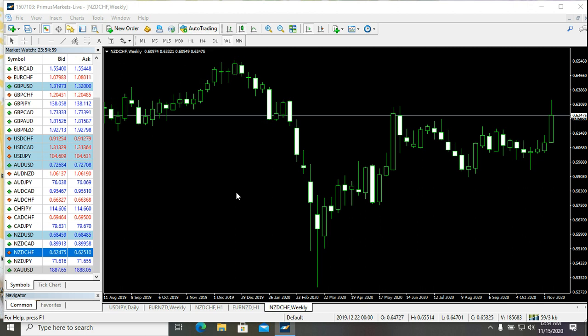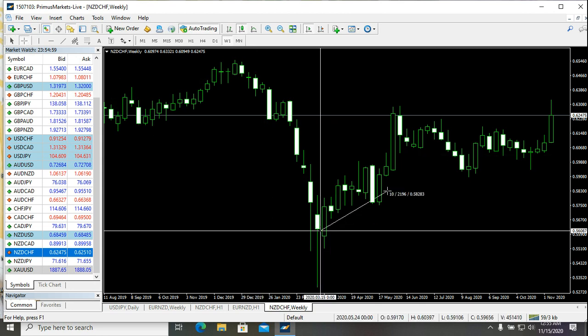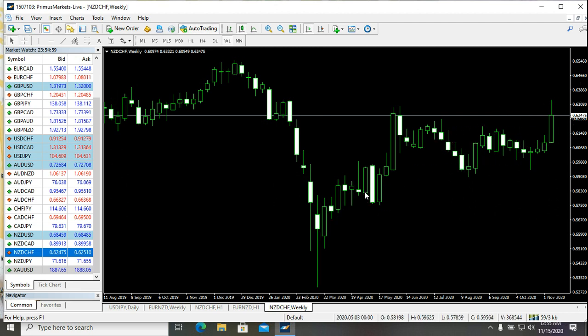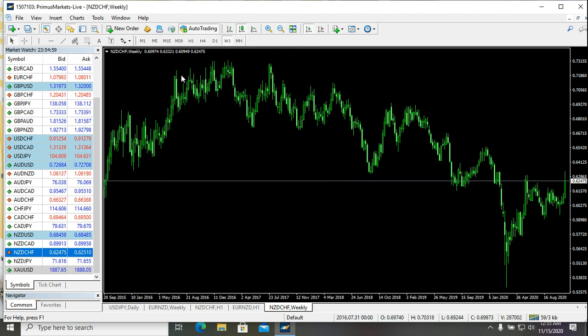So when you see this pair, this is what it is on the weekly time frame. On the weekly time frame it has been on the up move for some months now. As you can see, it has been on the up move for some months now, but if you look at the general chart, it's on the downtrend.